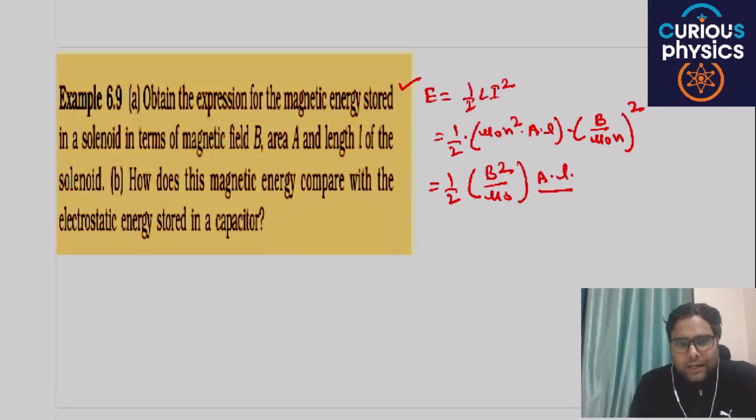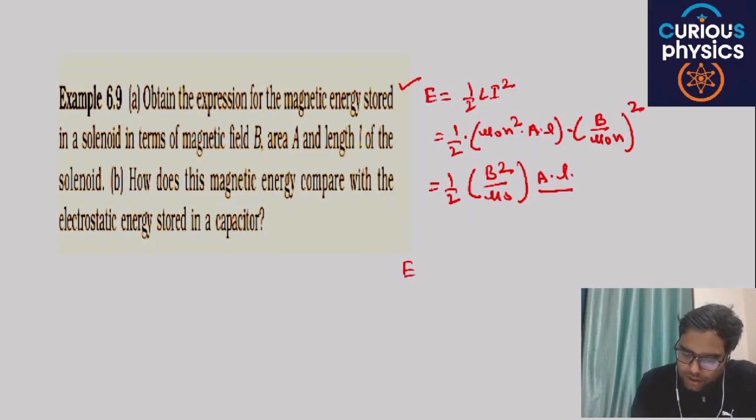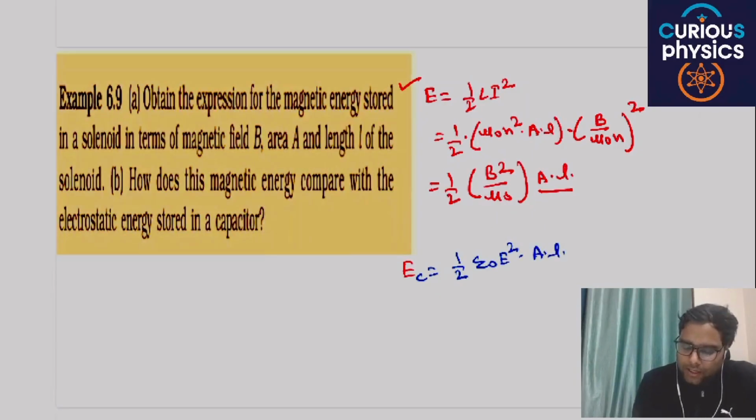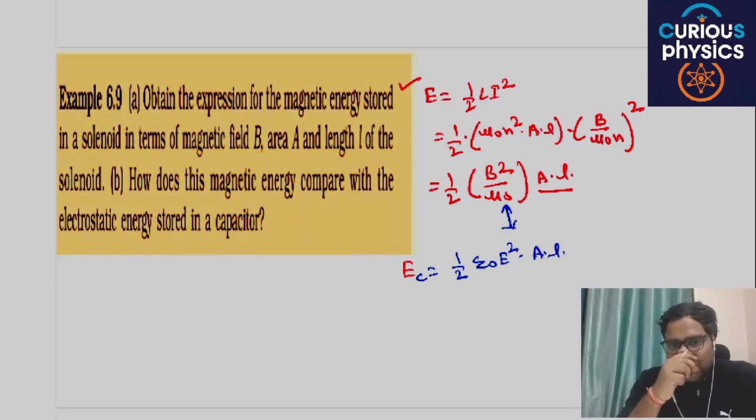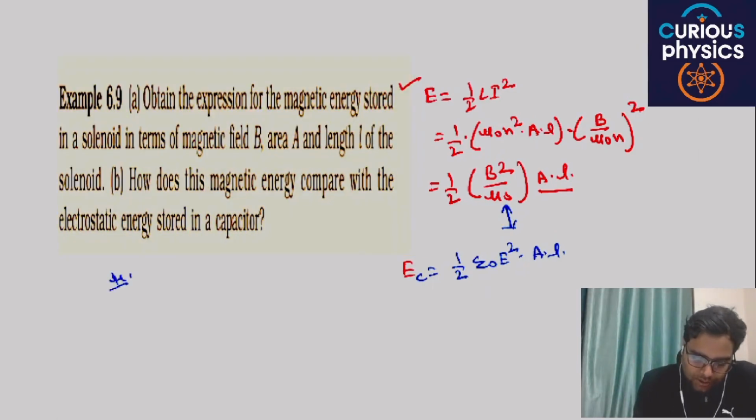In the case of a capacitor, we have derived the relation for energy as 1 by 2 epsilon naught E square into AL. You can relate these relations, as they look similar, because in analogy we have discussed that mu naught corresponds to 1 by epsilon naught.